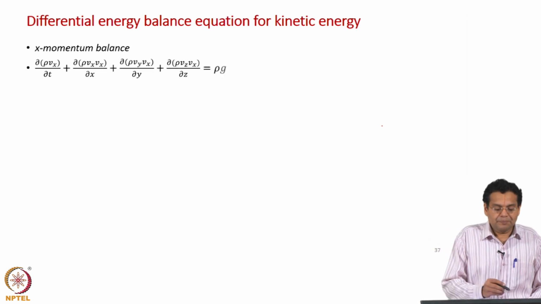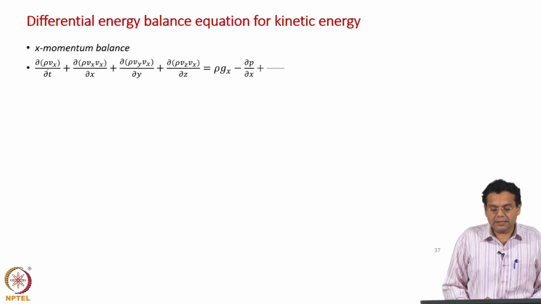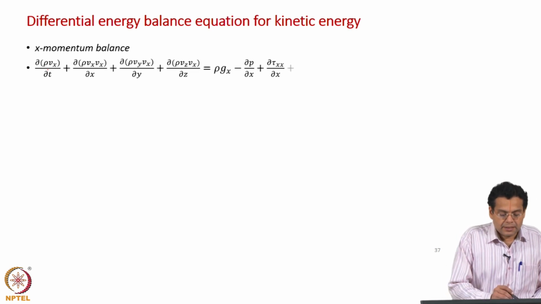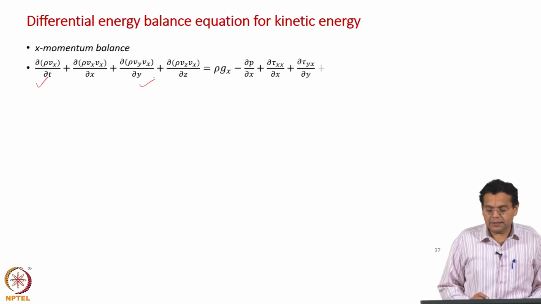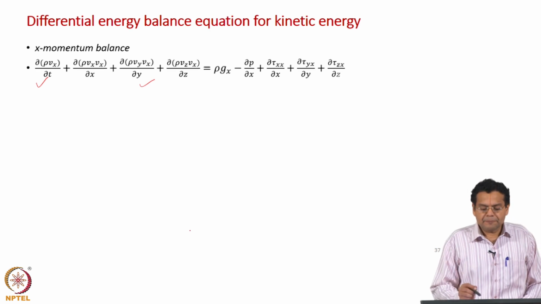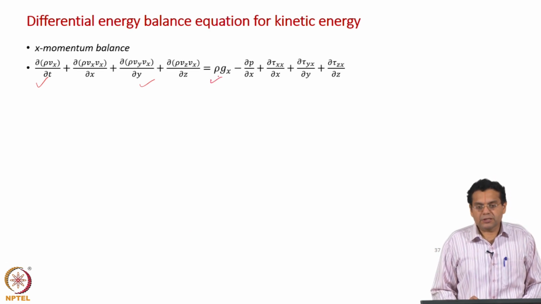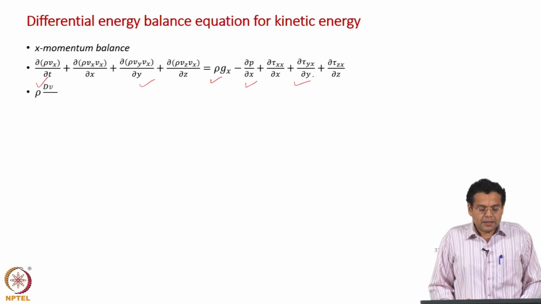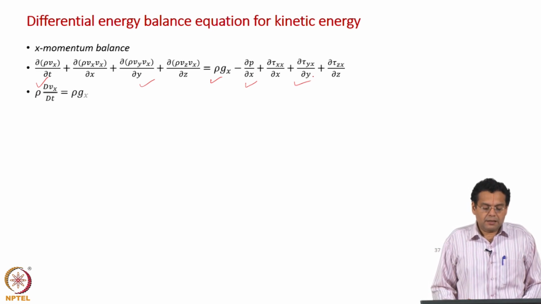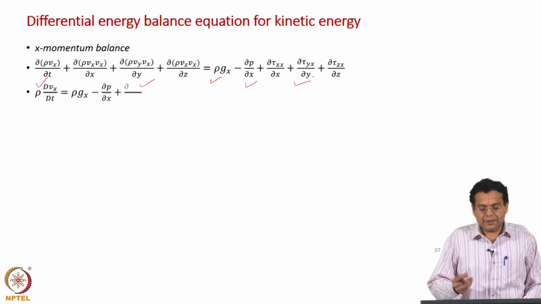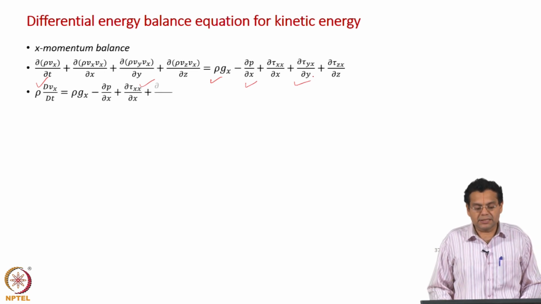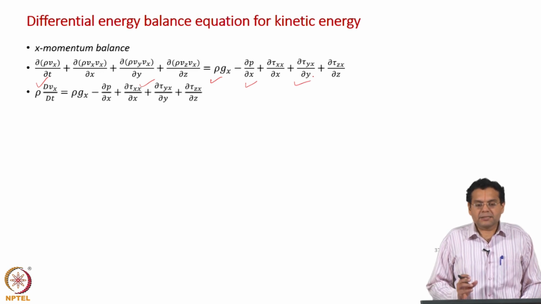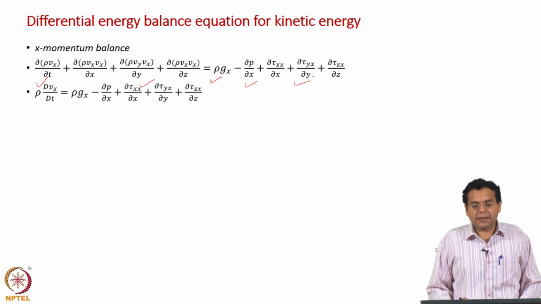So, that is the linear momentum balance equation in the x direction: the transient term, the convection term, and then we have the body force term, and the surface force due to pressure and viscous stresses. Now, as I told you, the derivation of the differential energy balance equation is easier if we express the equations in terms of the substantial derivative, or from the material particle viewpoint.